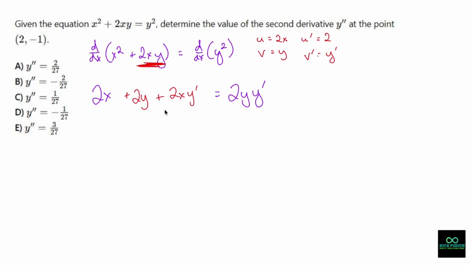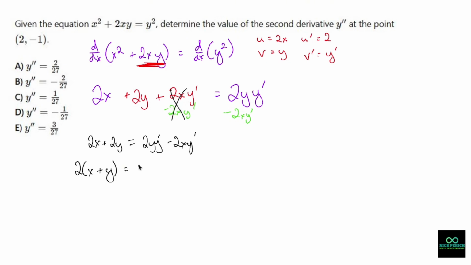Now, let's move you to the other side, like so. The left side is now 2x plus 2y equals 2y y prime minus 2x y prime. Factor out whatever you can on both sides. Factor out a 2 on the left, 2 times (x plus y).